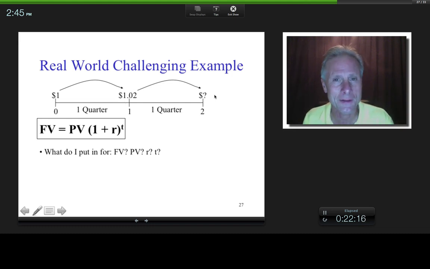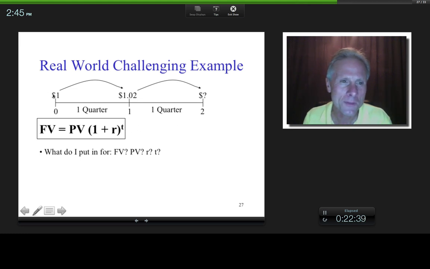Either way, you'd still get the same answer. So I'll just begin with the dollar. And what do I put in for R? Well, these are quarterly periods, so I better be working with what kind of a rate here? An effective quarterly rate, right? And if I'm beginning with $1, then what do I put in for my T?